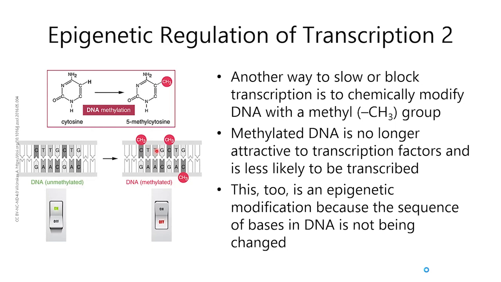And so this, again, effectively turns off the gene at that point. This causes the gene to not be transcribed, and if it's not transcribed, then it can't be turned into a protein. And so we can block protein synthesis from that gene in this way and turn that gene off.